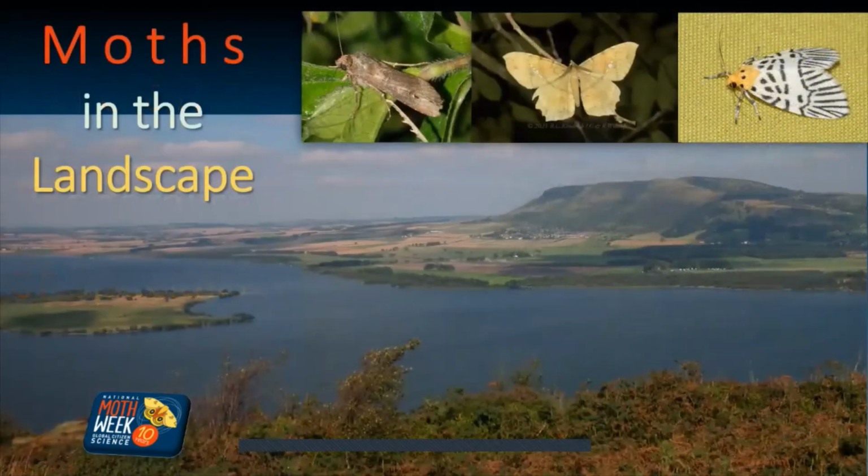So, landscapes. How do the moths cope with the bigger picture? The answer is not so easily if humans have messed with the environment. This photo shows a classic human impacted landscape. In the foreground, you have a bit of forest that is managed. In the distance, you have an island in the loch, and then you have upland and lowland, and the upland is grazed. There's not much forest left.